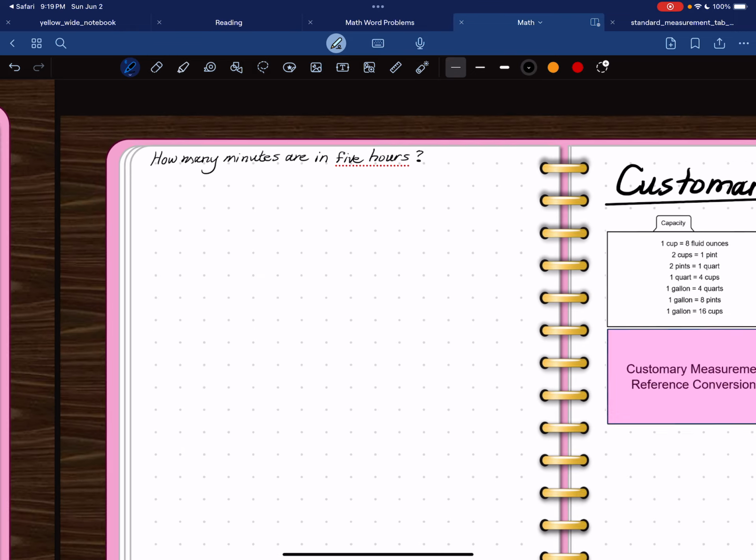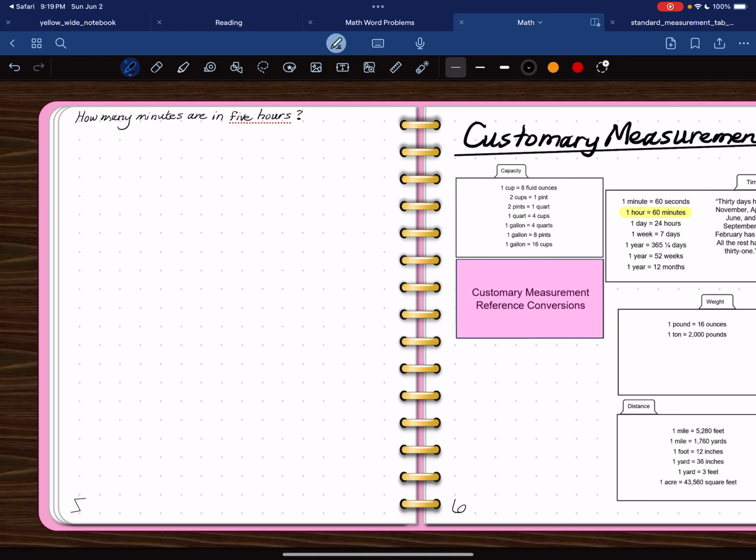I would recommend giving them a page to put over here just to glue down so they don't have to copy all this. If you have advanced students that can copy without it being a laborious task, that is not necessary.